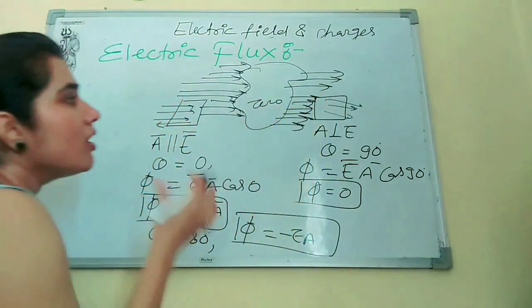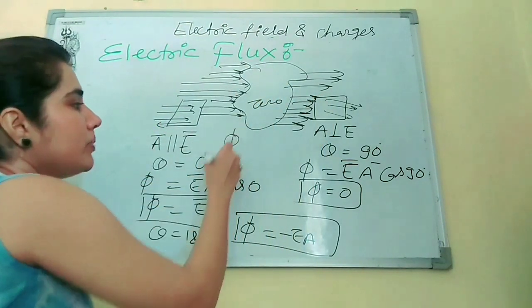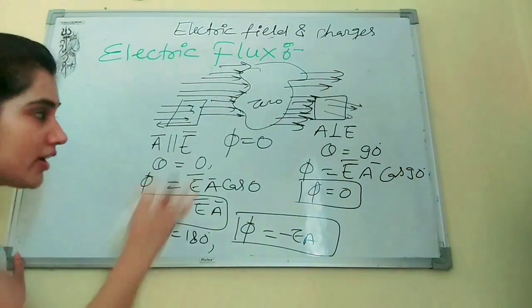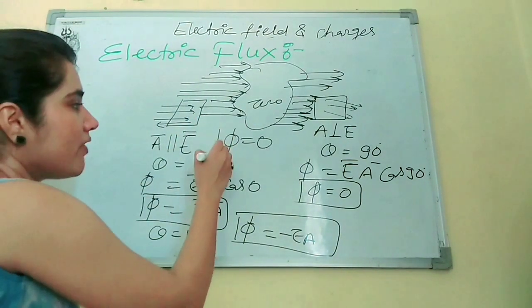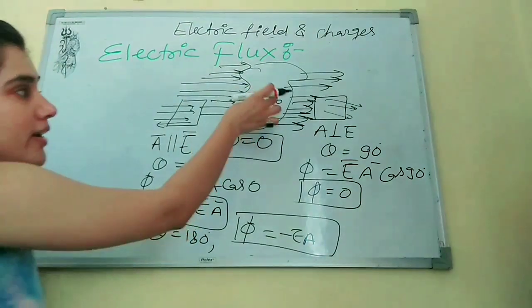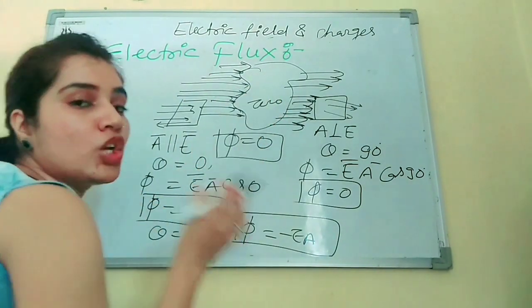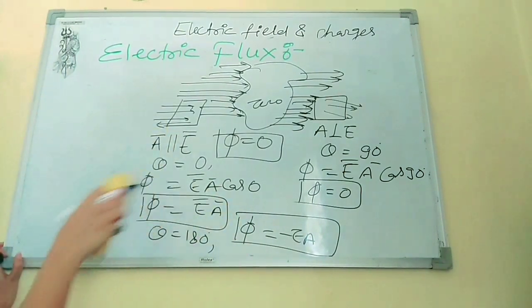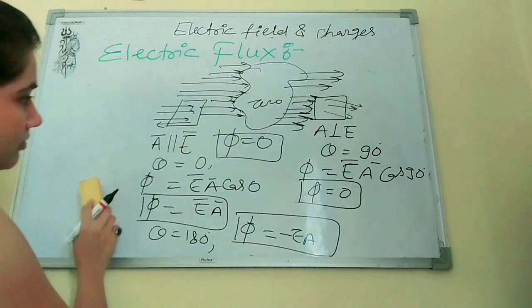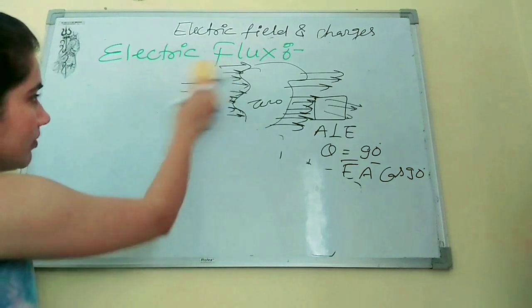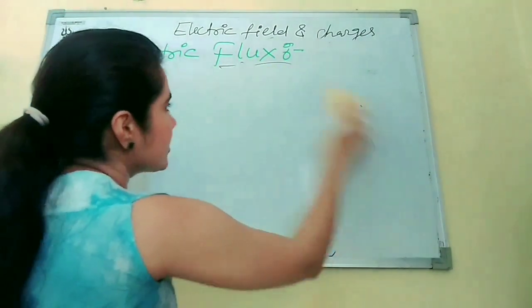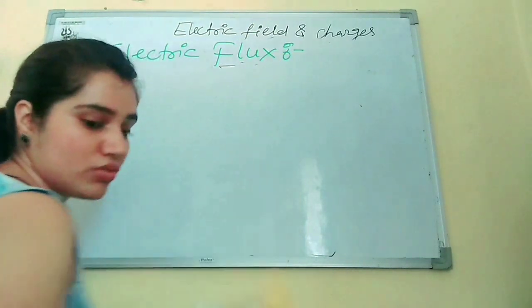In this case, the total flux phi will be 0. Clear? In this case, phi will be 0 if there is no charge inside the closed body. Now I'm going to rub it, just take a screenshot. This was the first condition which I have just shown you.